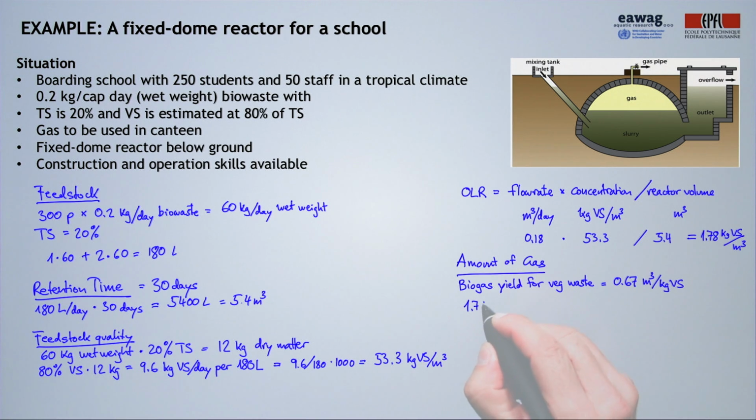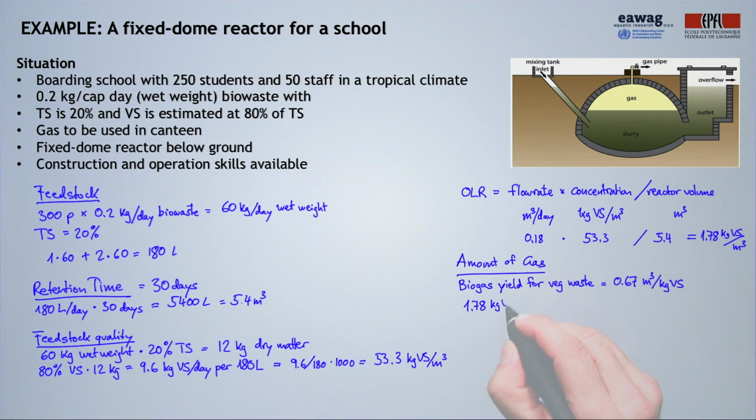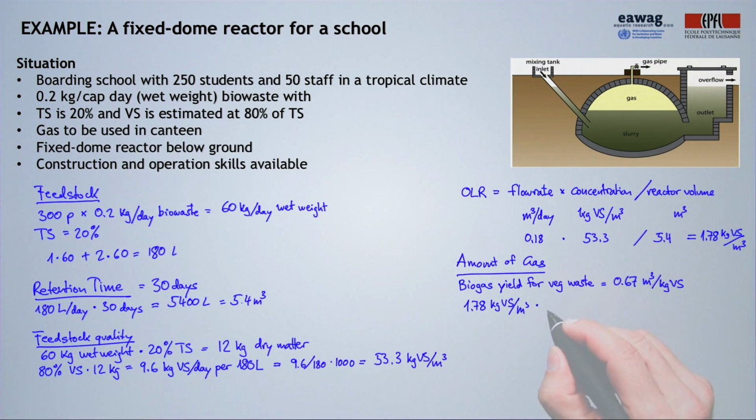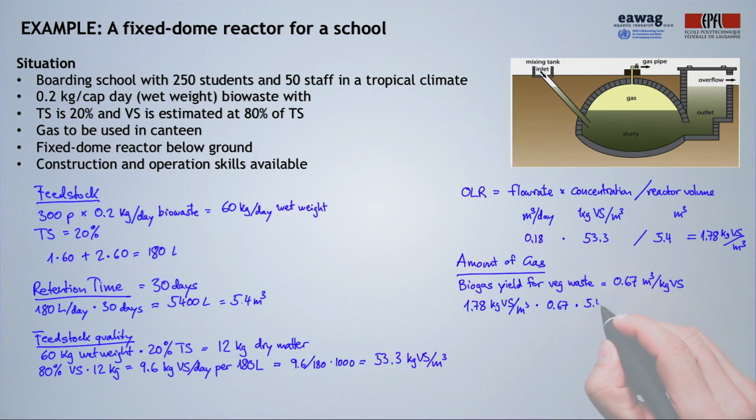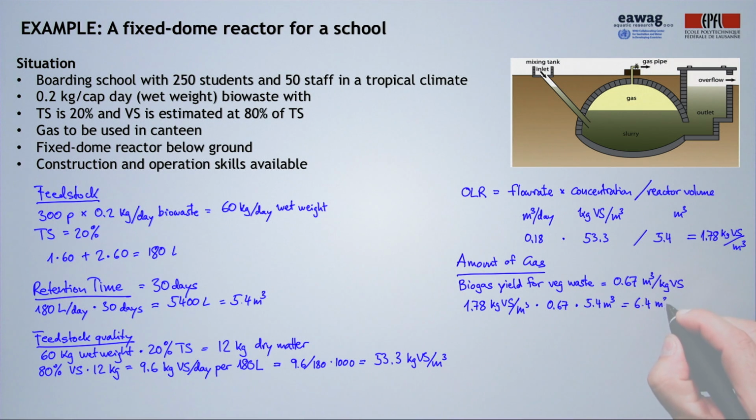So we have 1.78 kilograms of volatile solids per cubic meter, which we just calculated before, times these 0.67 cubic meters per kilogram of volatile solids, times the reactor volume of 5.4 cubic meters. That equals to 6.4 cubic meters per day. So that means we can expect 6.4 cubic meters of biogas production per day.